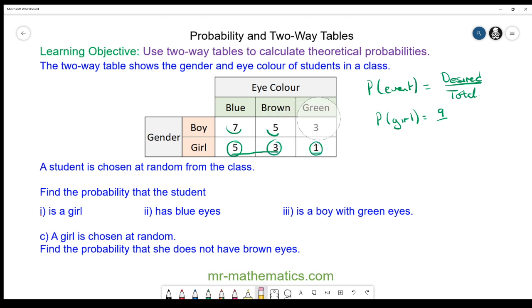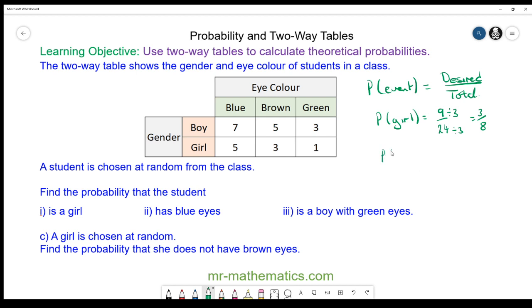So that is 24 possible outcomes. That is 9 out of 24. And we can simplify this fraction by dividing both by 3. So 9 divided by 3 is 3, and 24 divided by 3 is 8. So the probability of picking a girl at random from this sample is 3/8.